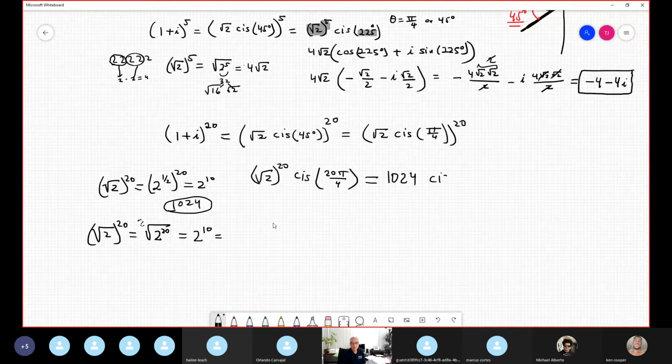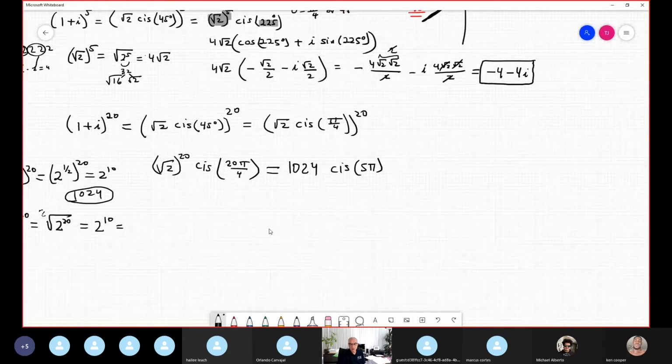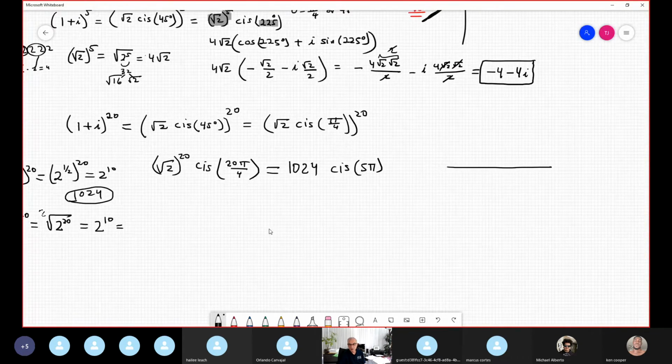Cosine plus i sine. Oh, 20 divided by 4 is 5. So 5 pi. But 5 pi is weird. Let me try to interpret the angle. Okay, this is pi, 180 degrees.